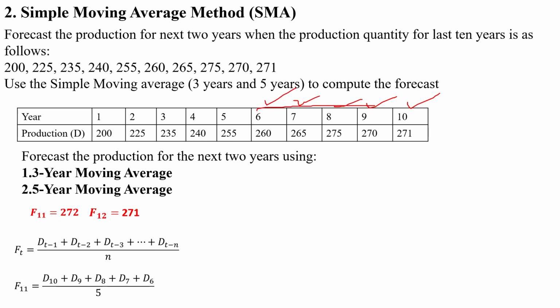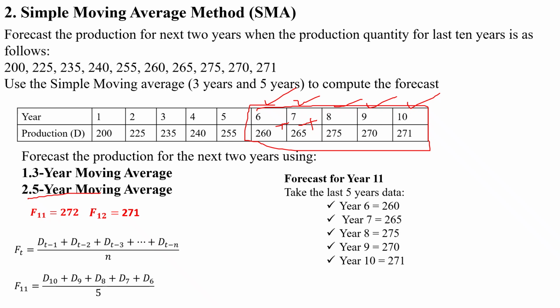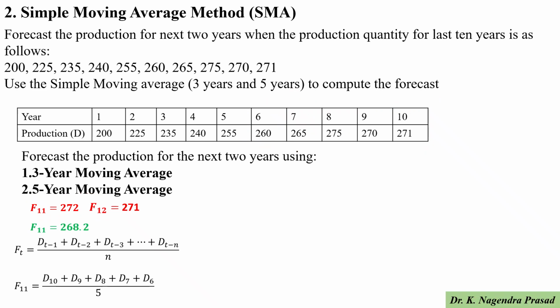Only 5 years data should be considered for a 5-year moving average, so we take the average of these last 5 years data. Then F11 equals (260 + 265 + 275 + 270 + 271) divided by 5, which is equal to 268.2.